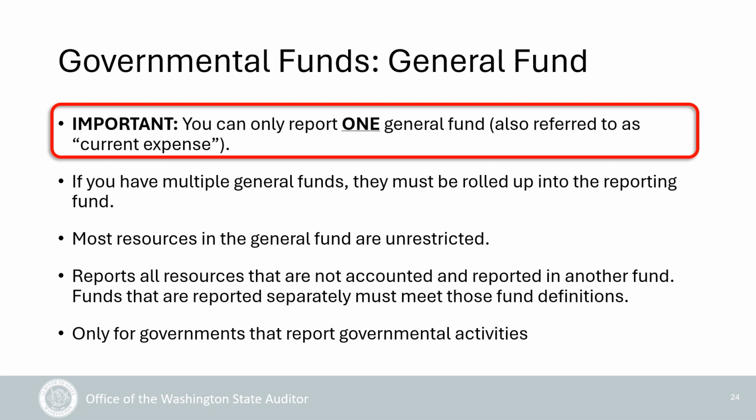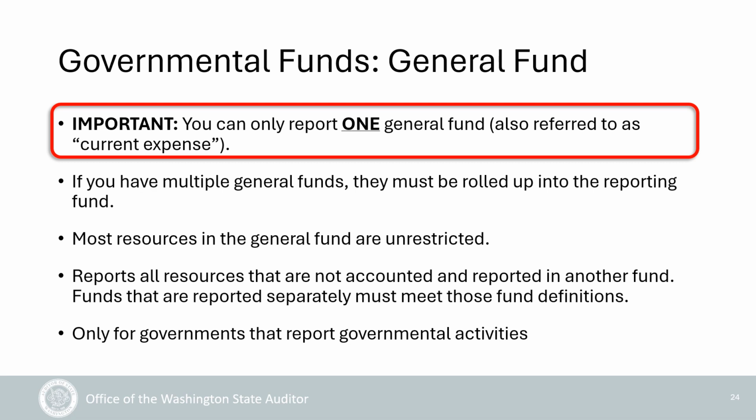Some governments have multiple general funds in their accounting software for more detailed internal tracking. However, for reporting externally, you must combine or roll up all of those general funds into one fund on your financial statements.